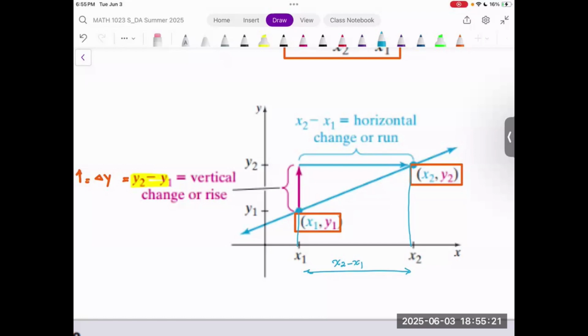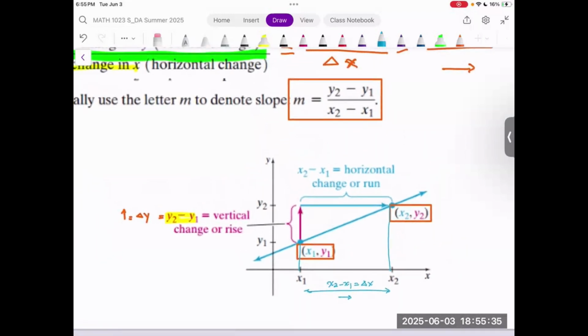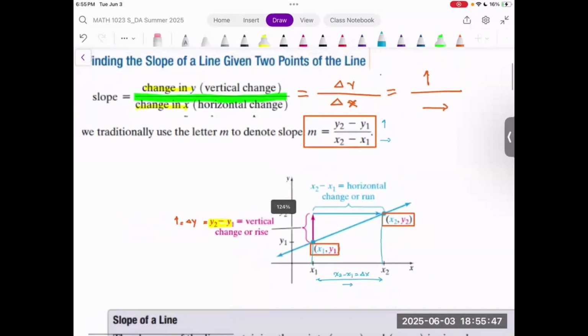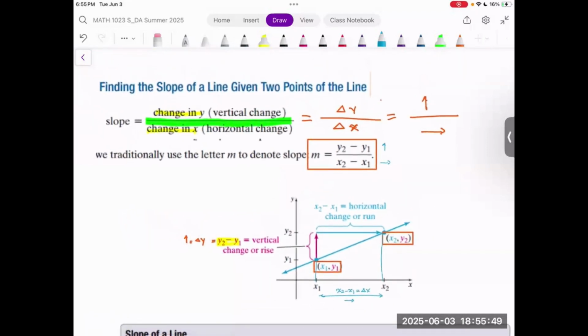Horizontally, right? So this is your delta x, and this is basically your run, how much you're running, right? And if you divide these two numbers by each other, obviously you're going to get this formula, which is y2 minus y1, this is the rise, and x2 minus x1, that's the run, and that's going to form your slope formula. Okay? So it is the same formula that you learned before, just a little reminder about this.